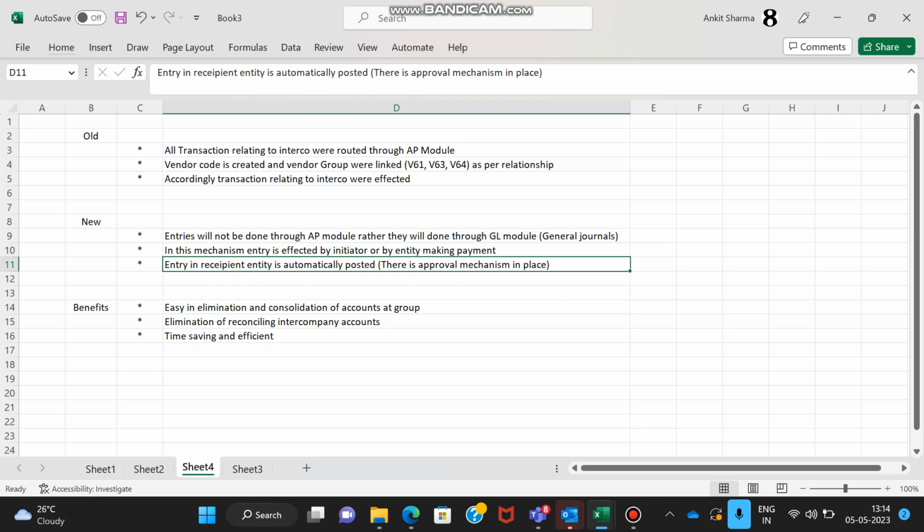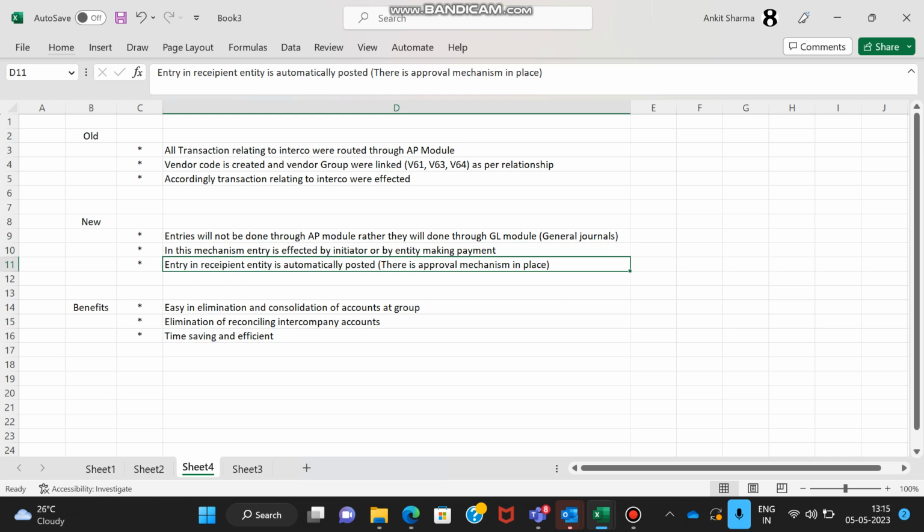So in this new mechanism, we will not have the issue of posting the entries twice. It will be posted once, and we will not have unreconciled items at the year end or the month end whenever we do the reconciliation. As it is one point of accounting, it will save a lot of time, and it will make our intercompany transactions more efficient and transparent.